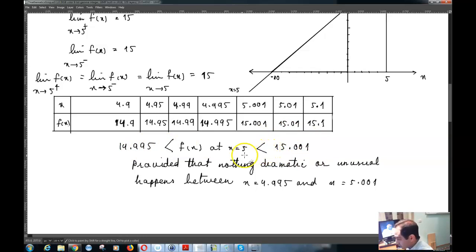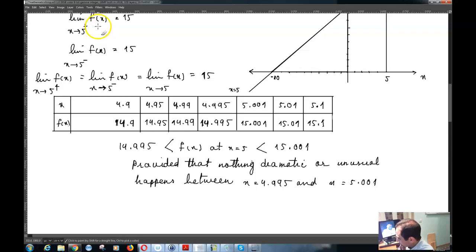So now it's reasonable to assume that the value of f of x at x is equal to 5, as dictated by the numbers to the left of 5, is 15. And similarly, when x approaches 5 from the right, f of x should be taking the value 15, for which you can write this equation up here.